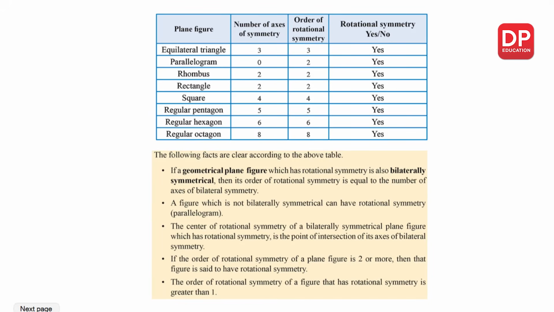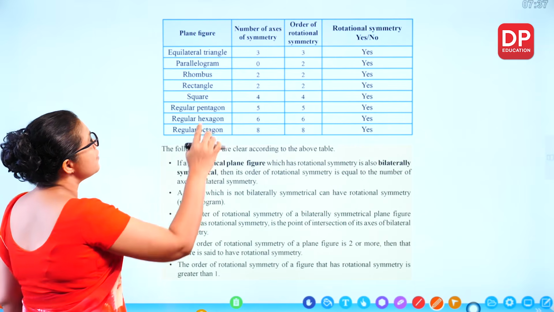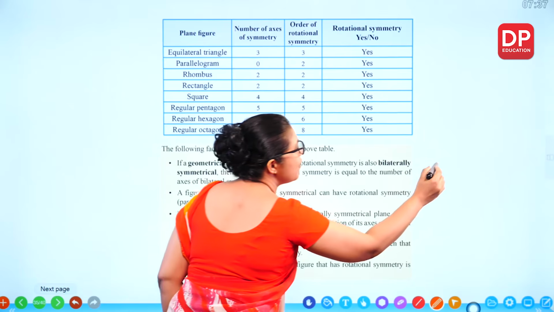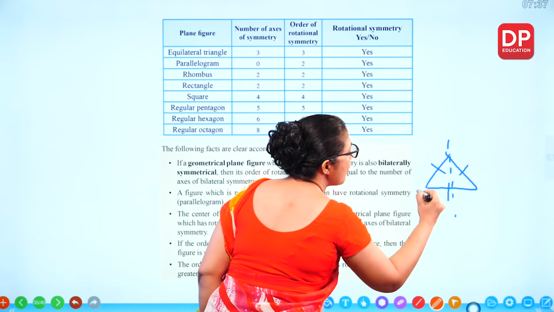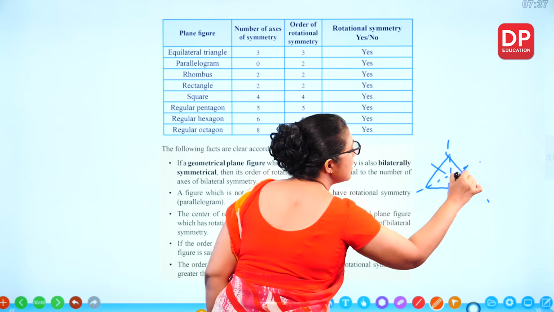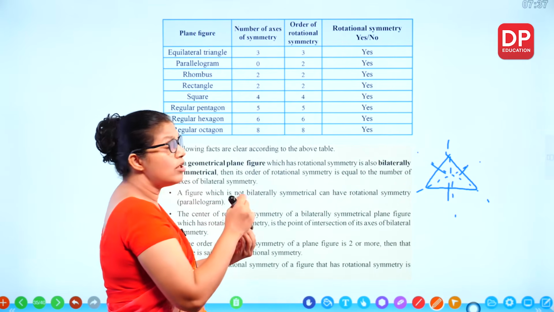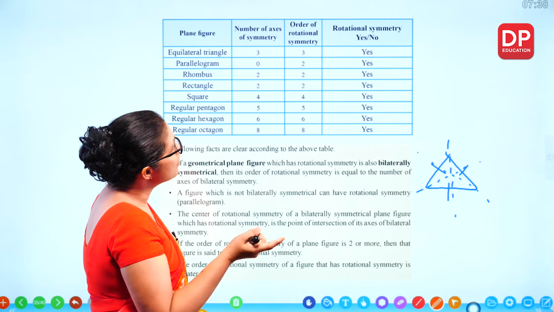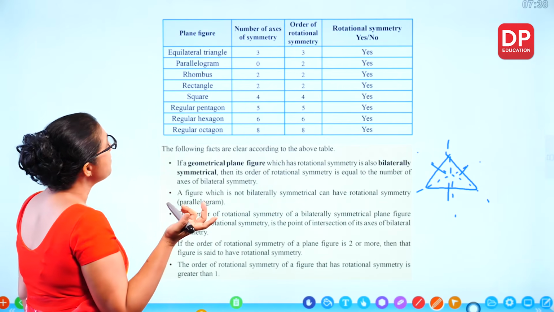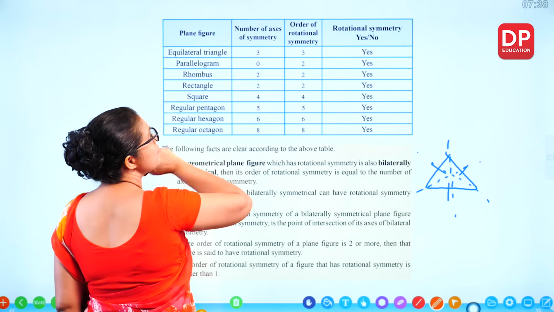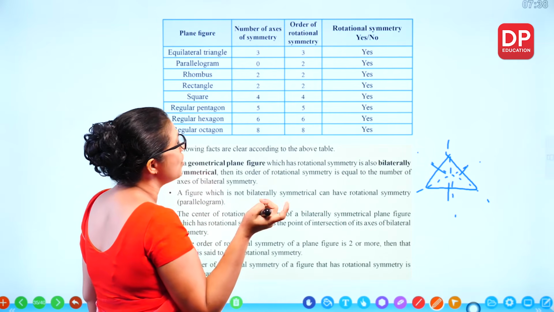We did these figures: equilateral triangle, number of axes of symmetry, 3. So can you remember? Equilateral triangle, number of axes of symmetry, 3. And order is also 3. So rotational symmetry, yes or no? Yes. Parallelogram, there's no axis of symmetry, but order of rotational symmetry is 2.